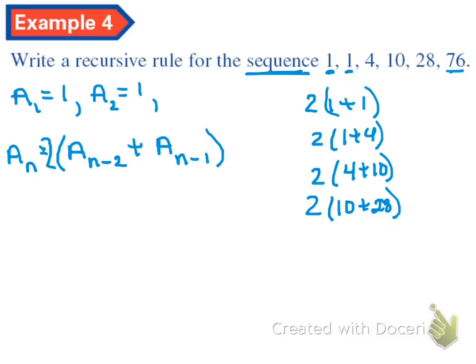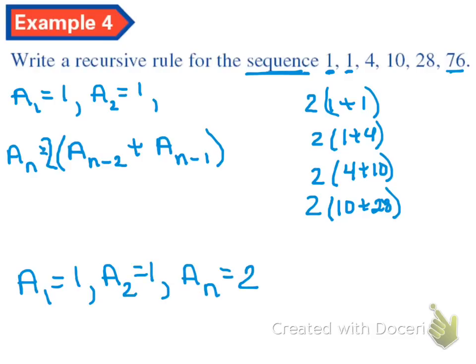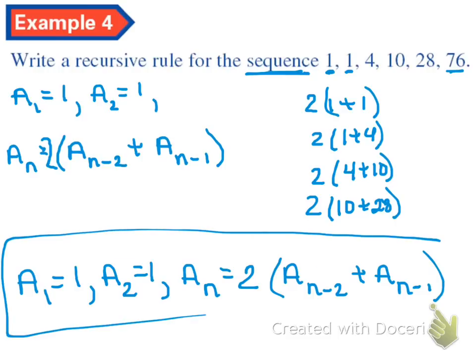So we want 2 times a sub n minus 2 plus a sub n minus 1. So when we write this entire rule, the first term is given, the second term is given, and then every term after the second term is found by multiplying 2 times the sum of the two previous terms. This would be the recursive rule for this sequence.